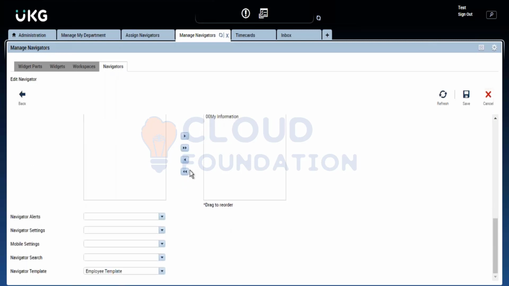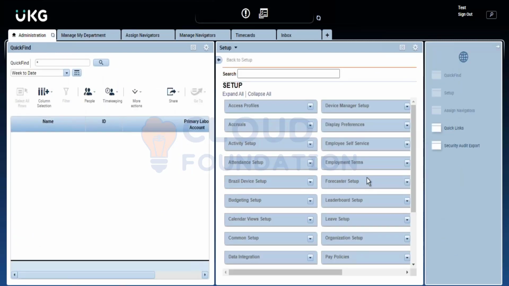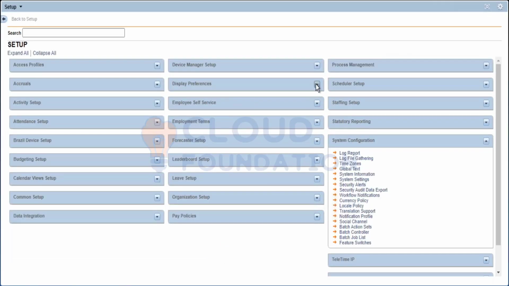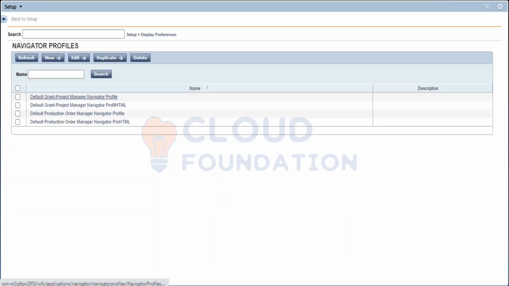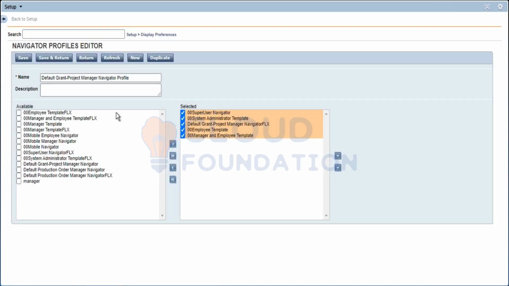Each navigator is going to be different, and I'm going to assign this navigator to my employees, so that when this person logs on with this navigator profile, he will be able to view the systems that I have selected.